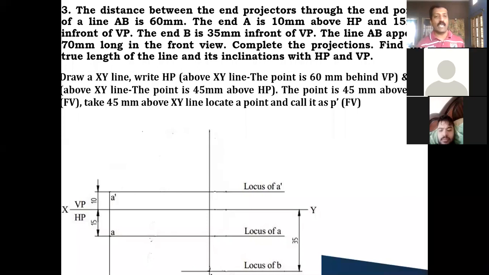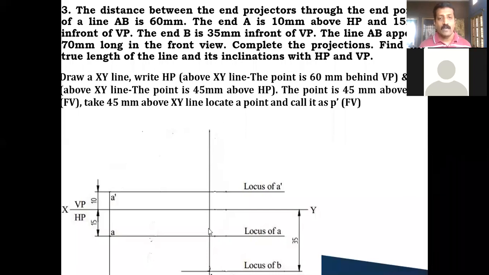That means already the points A and A dash you have fixed. From here you take 60 millimeter distance and draw one vertical projector line.